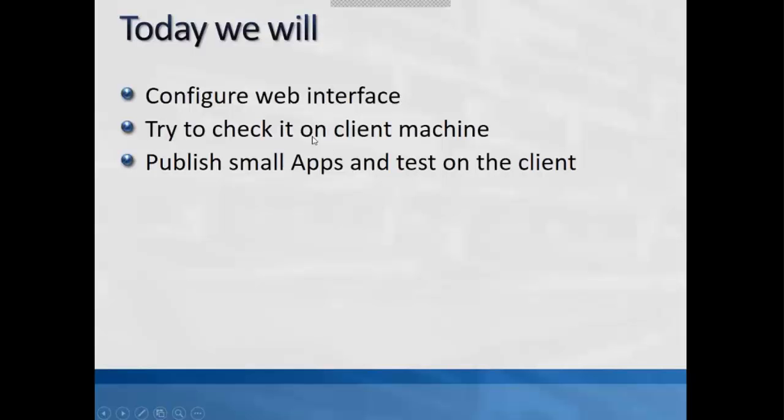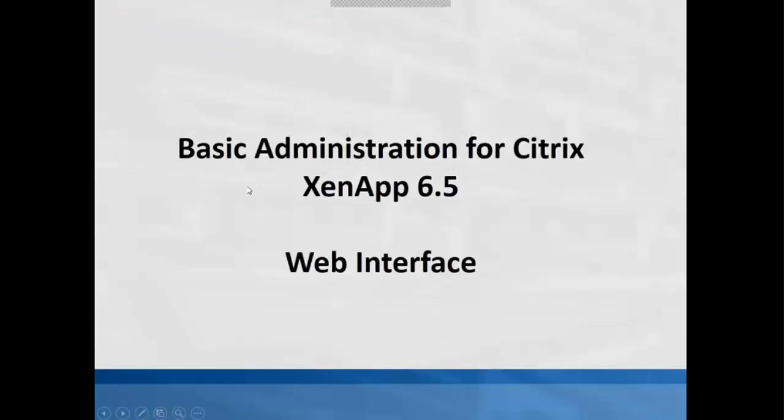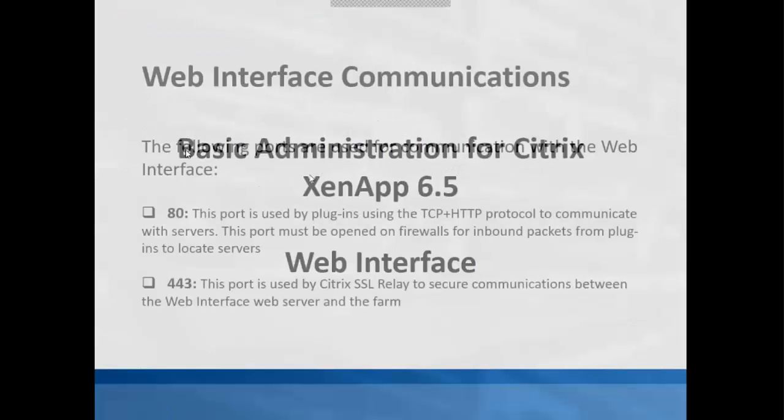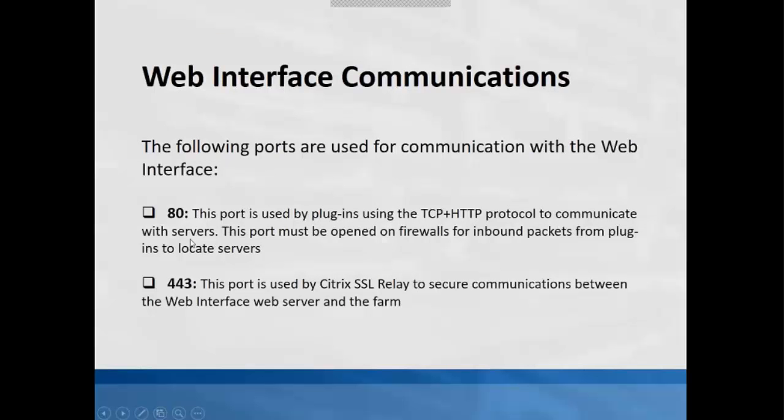If you have used the Citrix environment, this is how we see in our Citrix environment the interface on which the app icons are presented to users. So let's go ahead and look at the web interface. It has two ports, these are common ports, port 80 and port 443.